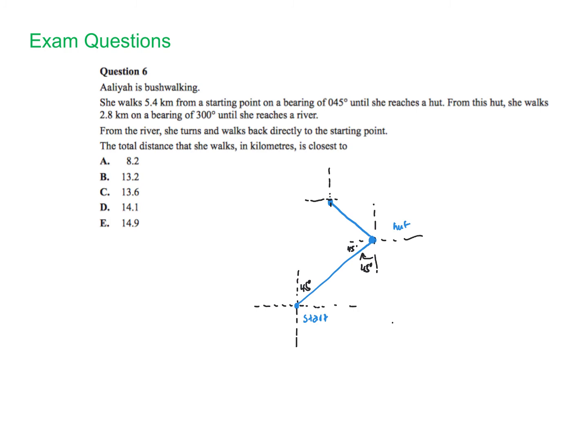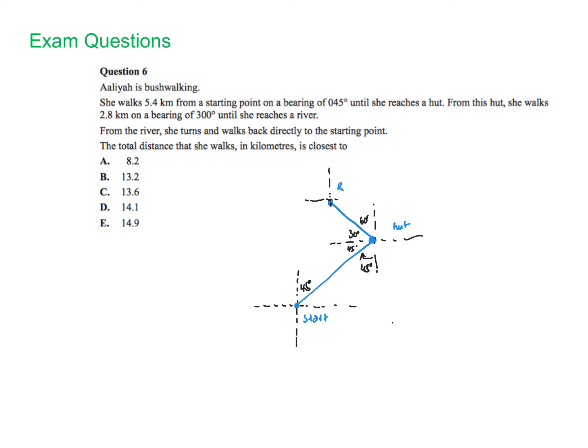That means you can add in a few things about the bearings. If it was 300 all the way around to there, then this is 60 in there, and we know that this is 30 in there because we've got the west line there.